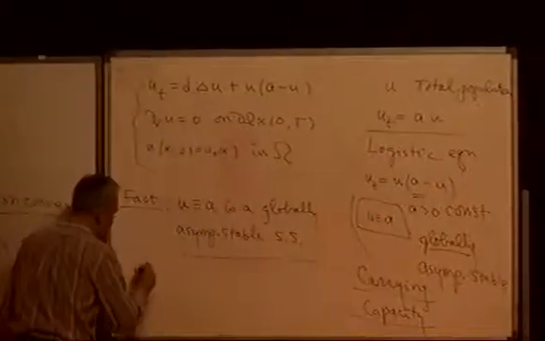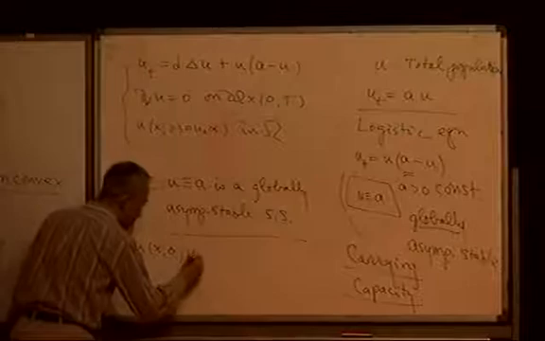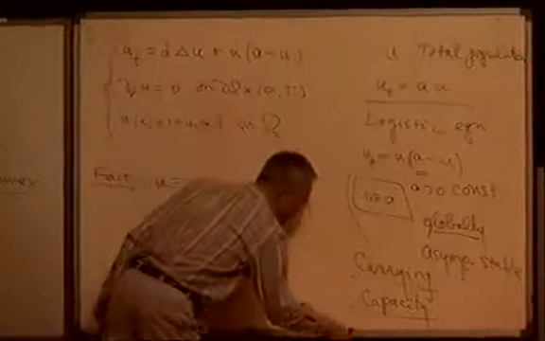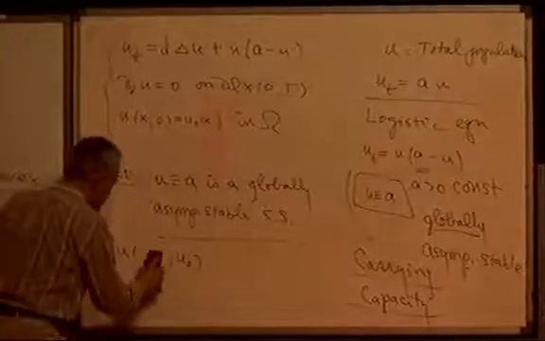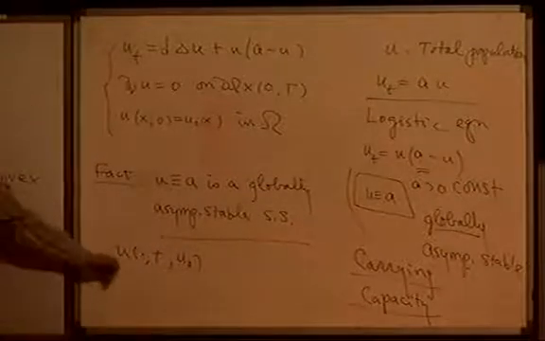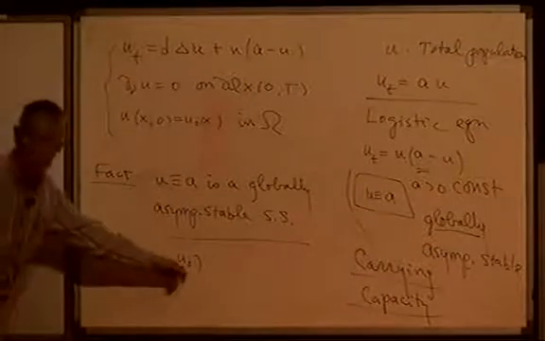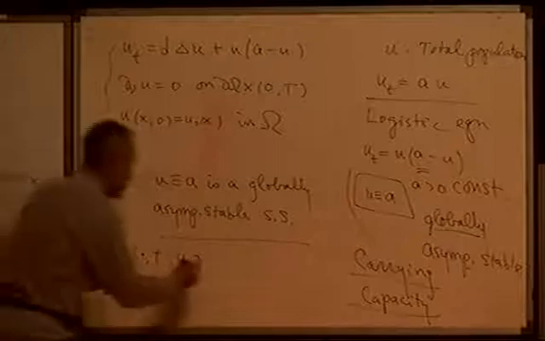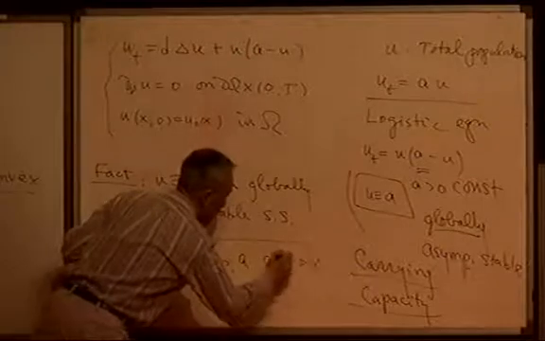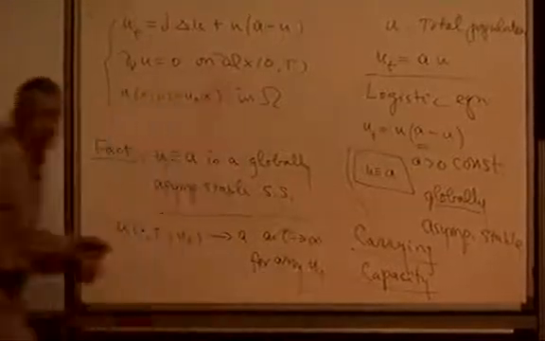If I write the solution as u(x,t), depending on u0, this one converges to A as t goes to infinity for any initial value u0.